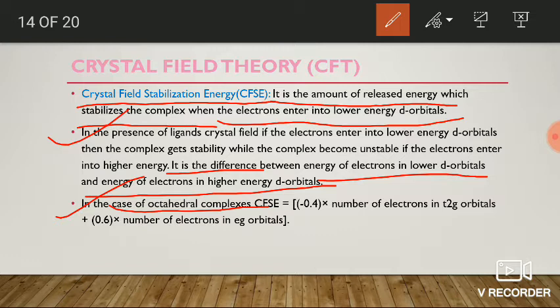that is, minus 0.4 into the number of electrons in t2g orbitals, plus 0.6 into the number of electrons in eg orbitals. Because in the case of octahedral complexes, the lower energy set is t2g.